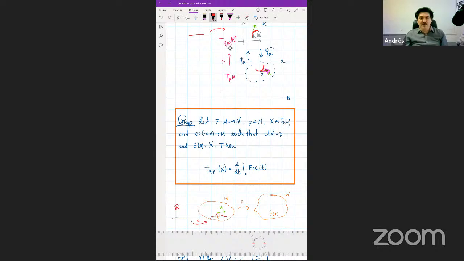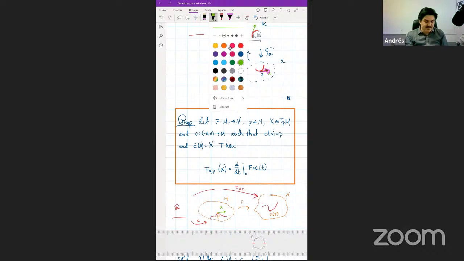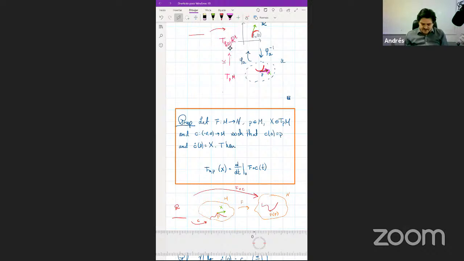So in order to compute the push forward of the vector x, what I'm saying is, once you have that curve, you have another curve on N, which is F composed with C. That will give you a curve that goes through F of p. And then just compute the derivative there. And that is going to be the push forward of the vector x.